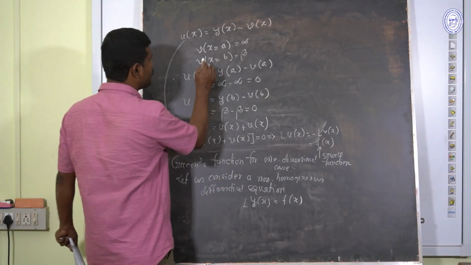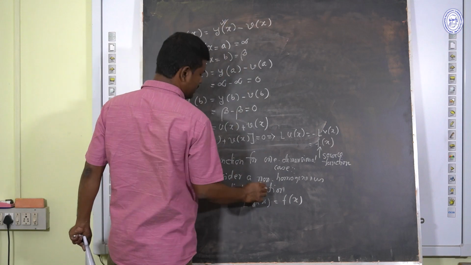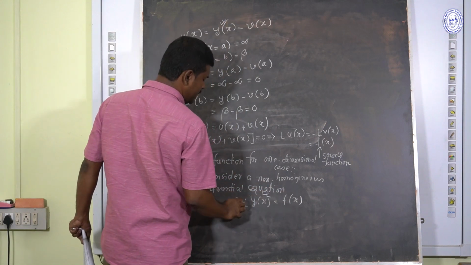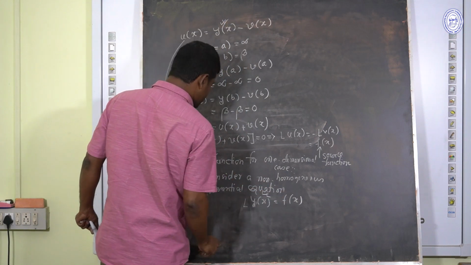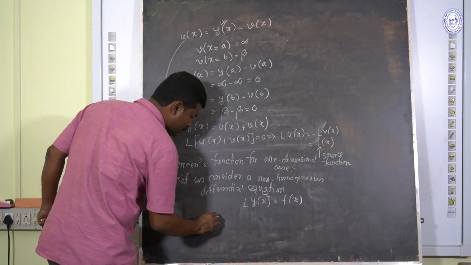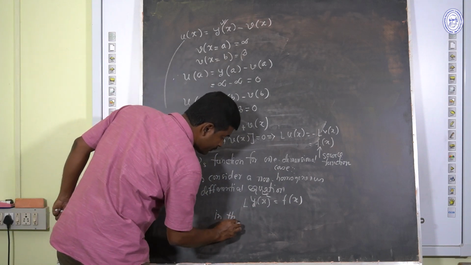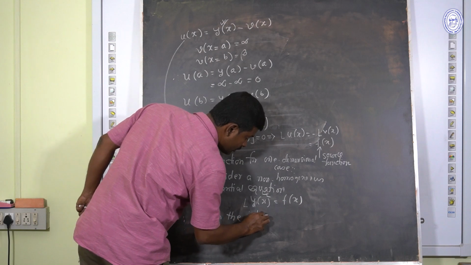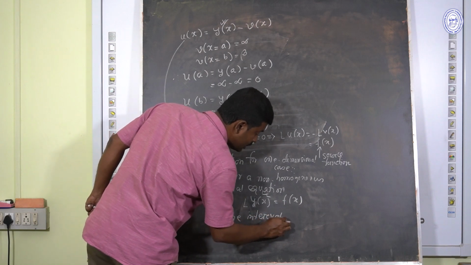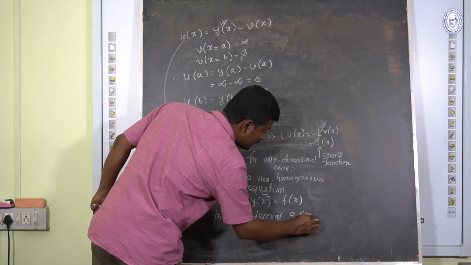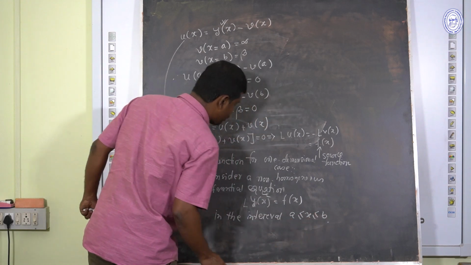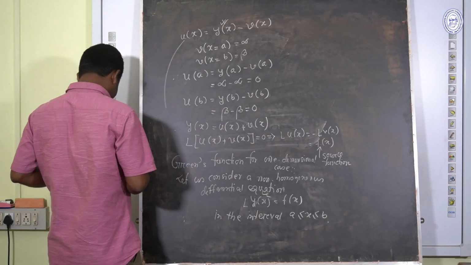There is no relation between this y and this y. Just in general, Ly of x equal to f of x in the interval a less than or equal to x less than or equal to b.